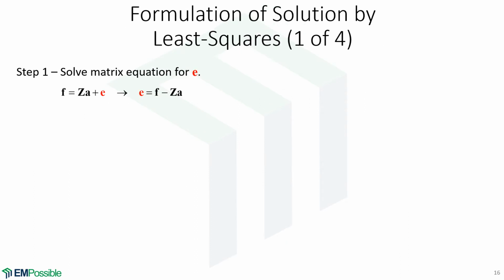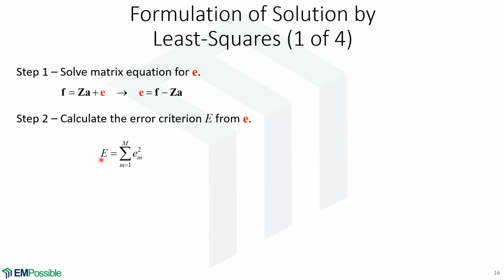Now we're going to derive our solution, where we're finding the solution in the sense of least squares. So starting with the matrix equation we had on the previous slide, let's solve for this column vector of residual terms. This is what we want to minimize. Before, we arrived at this best fit error criterion E as the sum of the squares of these residuals.